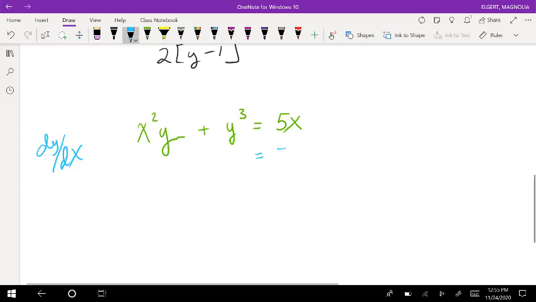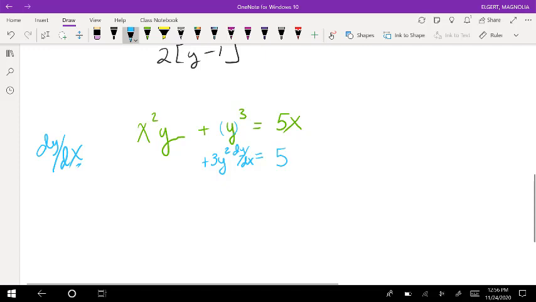The derivative of 5x is just 5. I don't need to multiply by anything because it's already in terms of x. The derivative of y cubed is going to be 3y squared times the derivative of y, which is dy over dx. And now this part right here, you're going to have to use a certain rule for. What rule do you think you're going to use there?